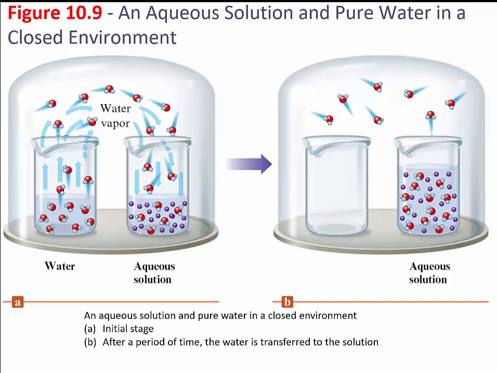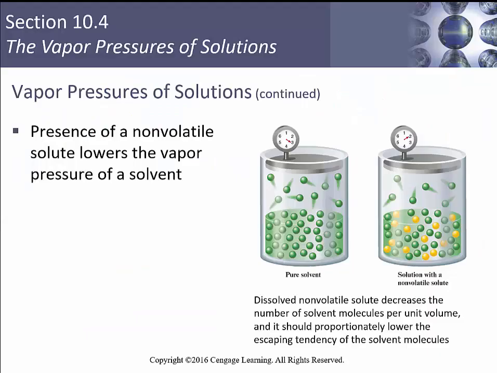So it's going to try to make as uniform a solution as possible by pulling in water molecules. Eventually you'll be left with an empty beaker on the left, some water vapor up in here in equilibrium, and this aqueous solution, which is going to absorb some of that water. Initially we've got two beakers. After a period of time, the water is transferred over to the other solution. It's kind of like magic, but really it's science.